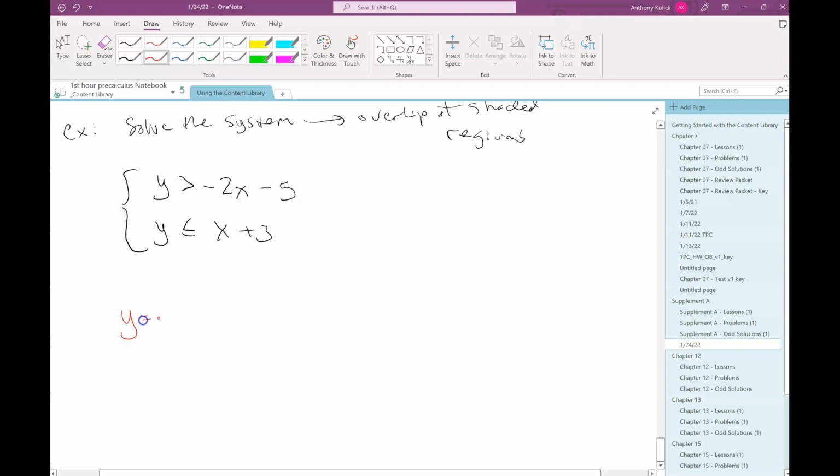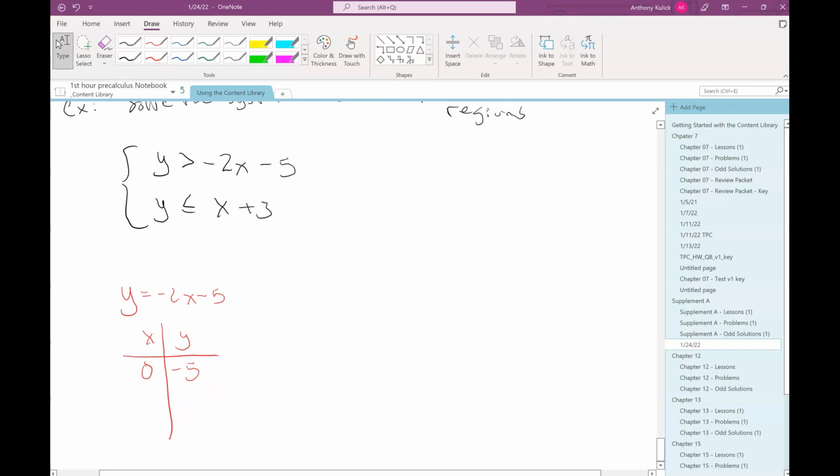So again, we'll start by just generating a graph as if the inequality was an equation.